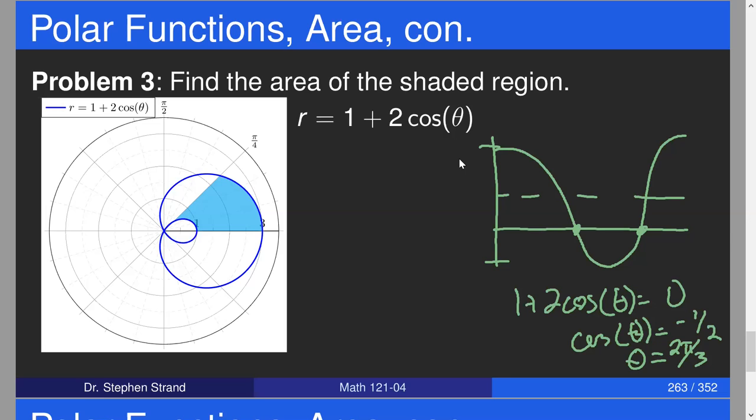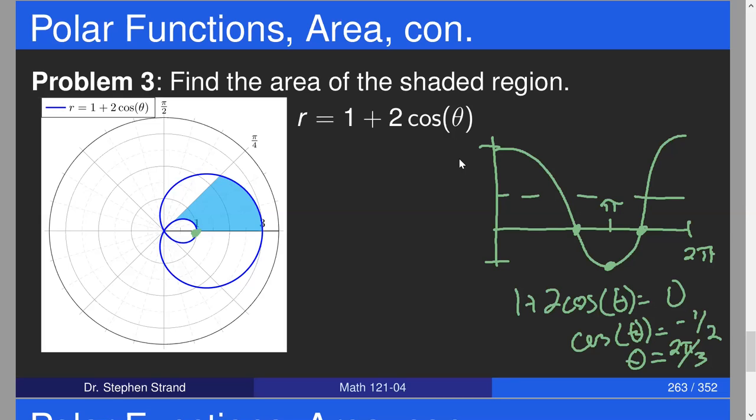Okay, so that's where the loop starts, but really what we want is when the loop is here. So that's actually this point down here, right? When the graph is at -1, that's right at pi.